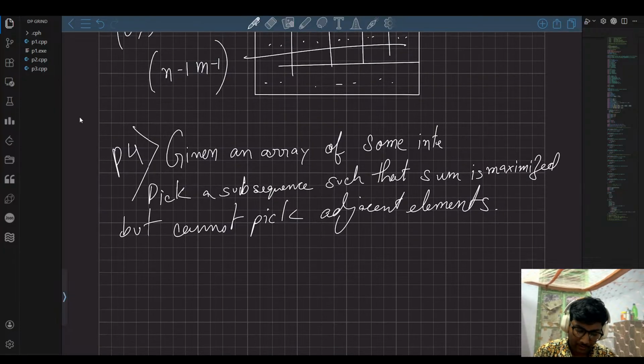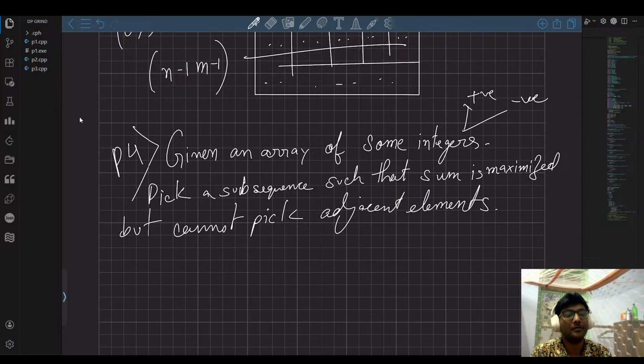Given some integers, of course, positive, negative, both can be present. Otherwise, if all of them are negative, we will not pick anything. If all of them are positive, we will still try to pick a subsequence so that the sum is maximized.